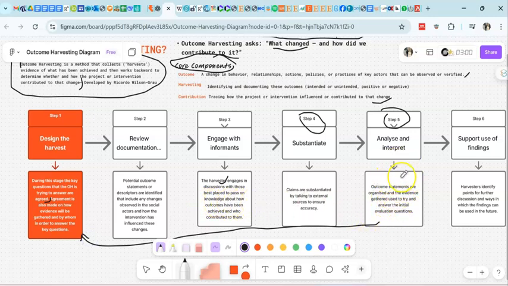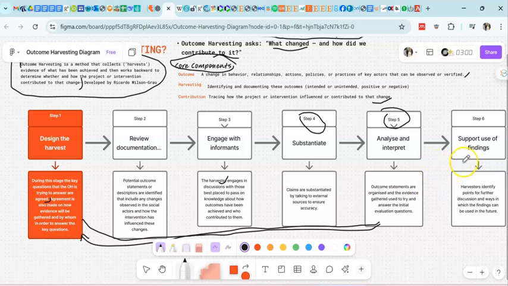Here, analyze and interpret, connecting back to all the steps. Analyze the evidence and try to synthesize answers to all the questions that were agreed in stage 1, or let's say just the evaluation questions.